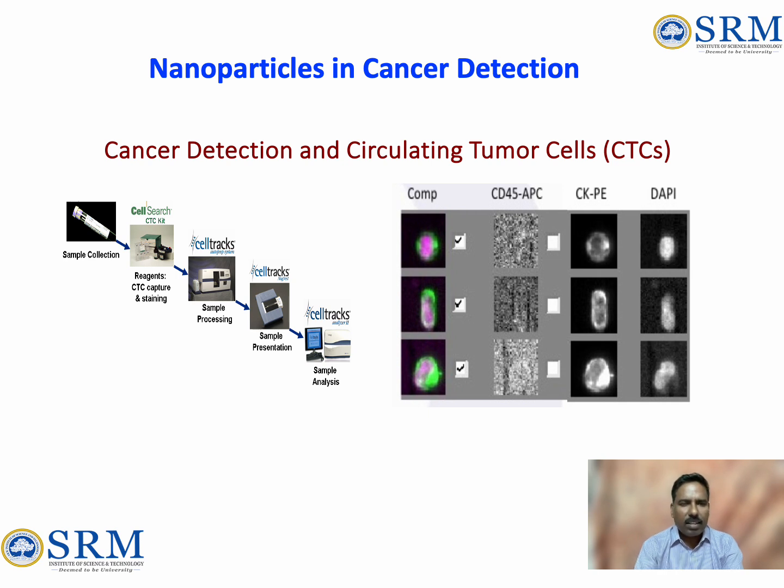As you can see here, these are cancer cells trapped with the magnetic nanoparticle, and these cells are negative for CD45, which is a blood cell marker. So we should detect only the cancer cells in the circulation, not the immune cells and other blood cells. DAPI stains the nucleus, to show that these are cells.